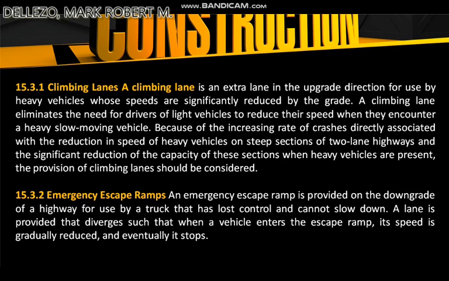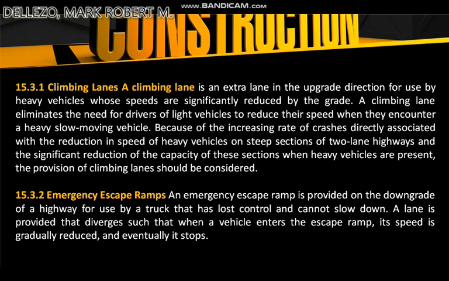A climbing lane eliminates the need for drivers of light vehicles to reduce their speed when they encounter a heavy, slow-moving vehicle. Because of the increasing rate of crashes directly associated with the reduction of speed of highway vehicles on steep sections of two-lane highway, and the significant reduction of the capacity of these sections when heavy vehicles are present, the provision of climbing lanes should be considered.